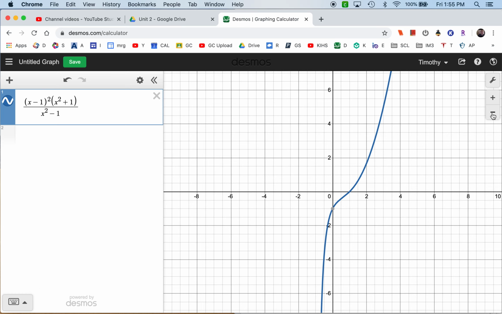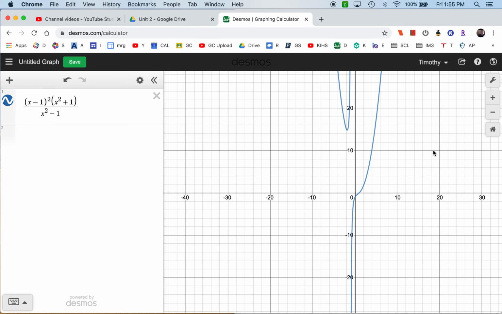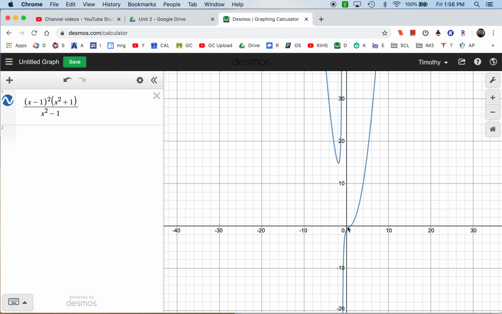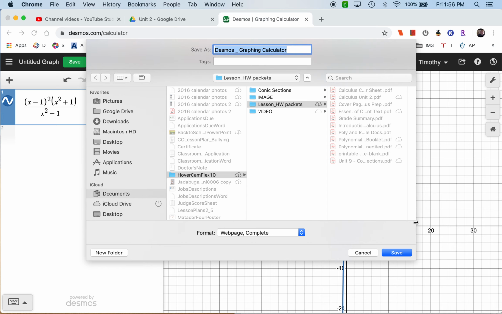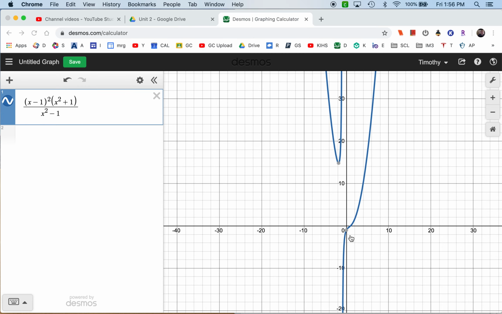So let me just make sure that we can understand what's happening here. Here's the y-intercept. If I follow along here, notice that there's a hole at positive 1, but we crossed it.